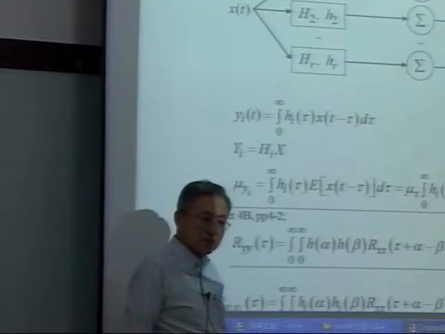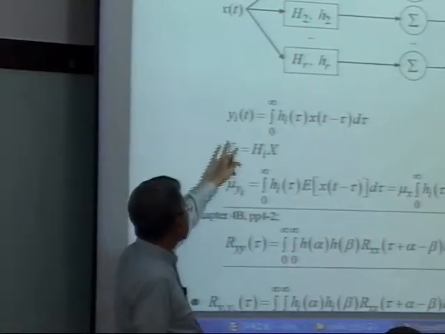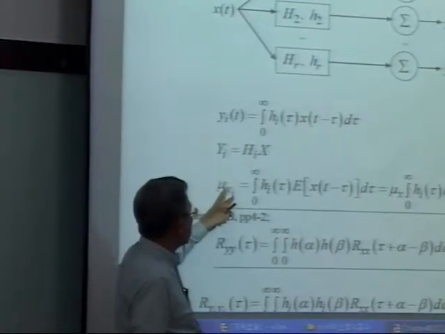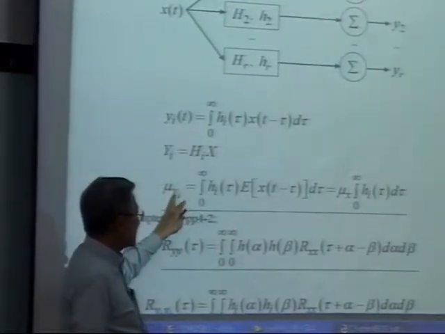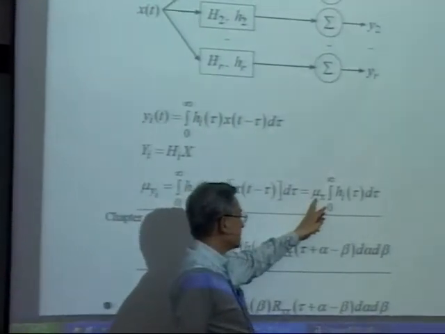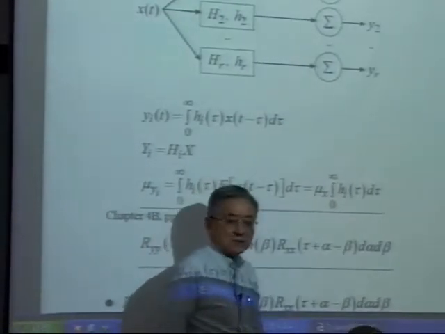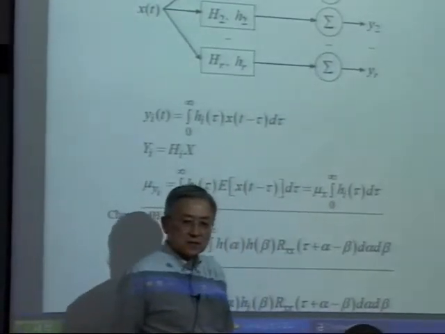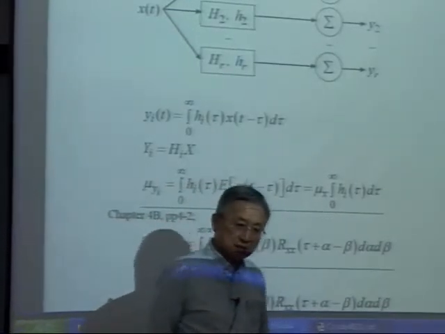X is one single input. Then from here, you take the expected value on both sides. Then you have the mean value of x times the integration of hi, the unit impulse response function of hi. Okay.